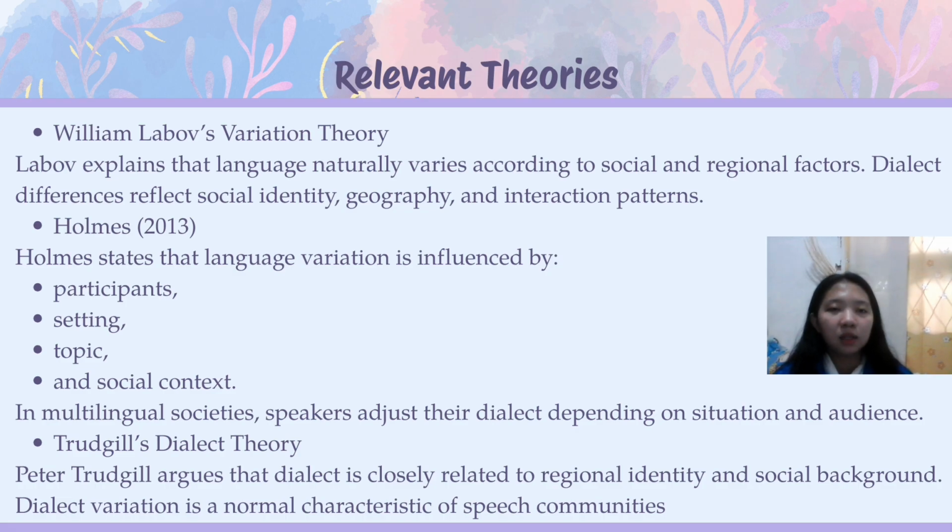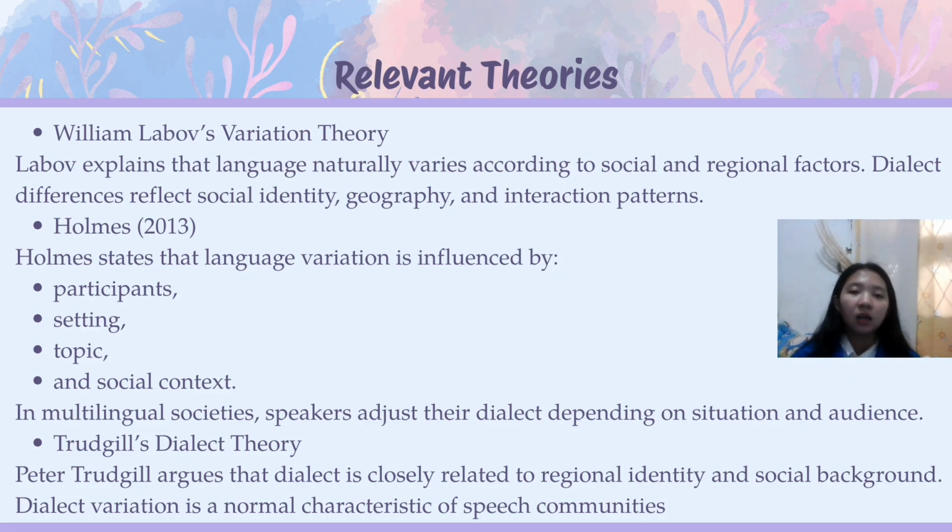Here are some relevant theories. First, William Labov's variation theory. Labov explains that language naturally varies according to social and regional factors. Dialect differences reflect identity, geography, and interaction patterns. Second, Holmes. Holmes states that language variation is influenced by participants, settings, topic, and social context.